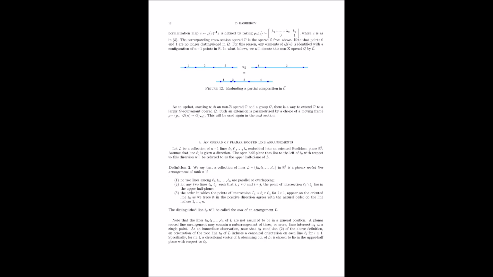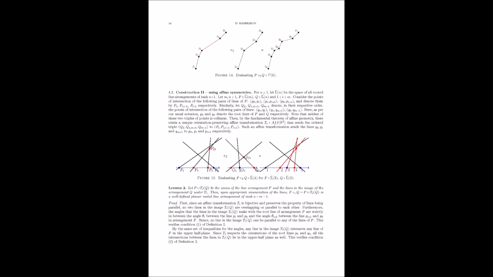Normalized arrangements are arrangements in L where we have additional constraints on the positions of certain lines. Specifically, we require the root line to be the line T0, the first line to be Q plus T0, and the last line to be Q plus T1. So it's like a standardized coordinate system for our arrangements.